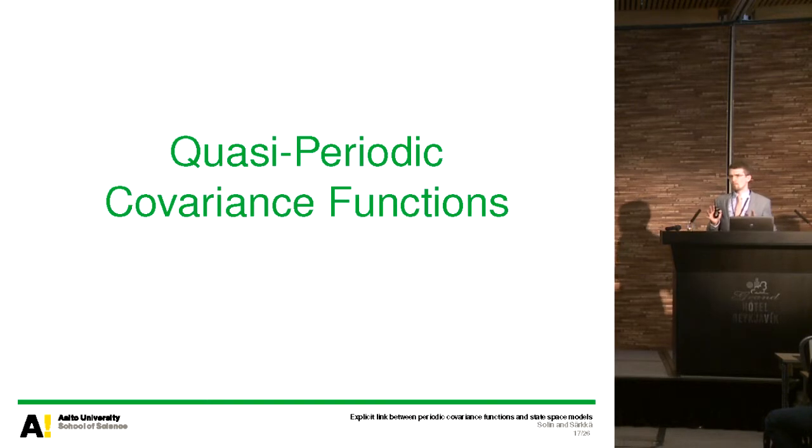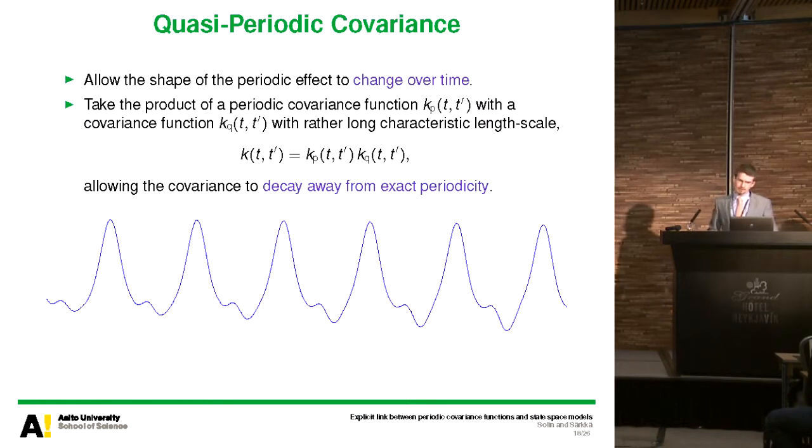In real modeling, it's often desired not to have the phenomenon oscillate exactly, but to allow it to change over time. That's called quasi-periodicity, and that is often constructed as a product of a periodic covariance function and some other covariance function with a very long length scale, allowing the periodic covariance function to decay away from actual periodicity.